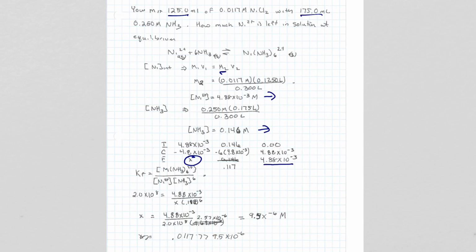Now, over here, this is our Kf, which we could look up on our table. So this is the Kf for the formation of the nickel ammonia complex. If we go through and solve this, raising that to the 6th power, we get x equals 9.5 times 10 to the negative 6 molar.